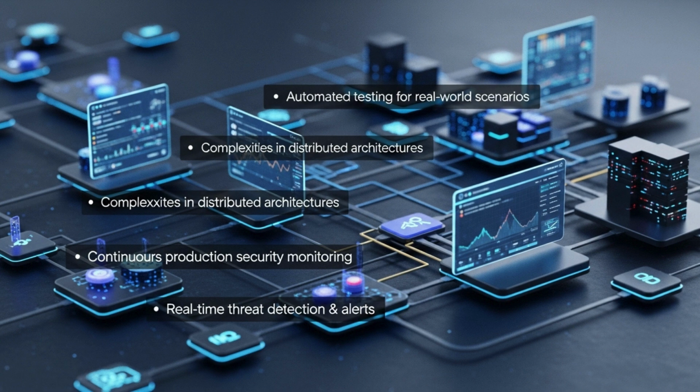Beyond testing, robust systems require continuous production security monitoring. This means tracking authentication failures, suspicious access patterns, and potential breaches in real time, generating alerts for security teams, and even automatically applying defensive measures when threats are detected. It's about being proactive, not just reactive.